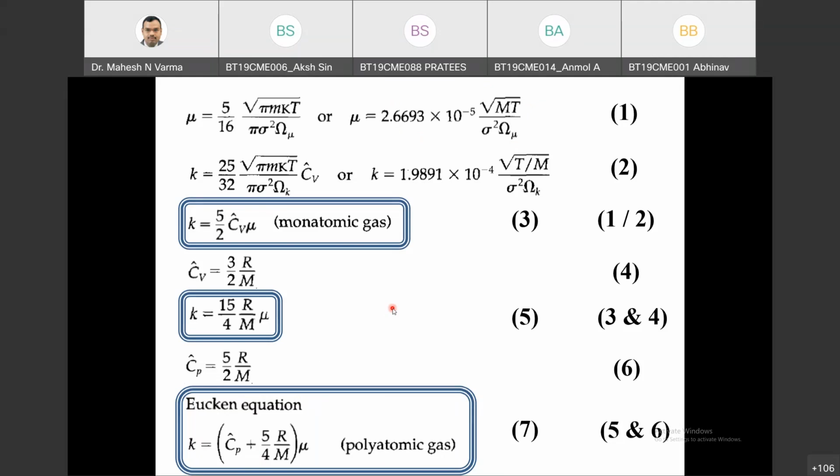What do you mean by specific heat capacity at constant pressure, heat capacity at constant volume, how they are related to R, how they are related to Avogadro's number, how they are related to the Boltzmann constant. All these you can go through. So accordingly, you can decide which way will give you a more correct answer of thermal conductivity.